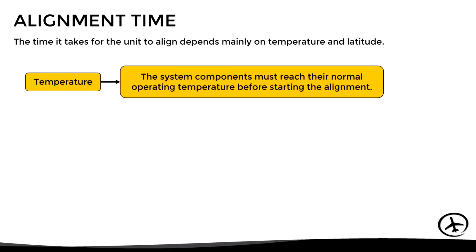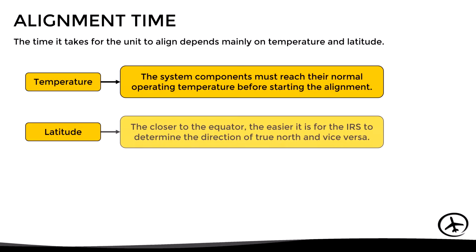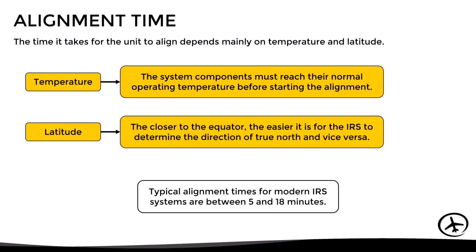On the other hand, latitude also affects the alignment time, since the closer to the equator, the easier it is for the IRS to detect the rotation of the Earth and therefore determine the direction of true north. This implies that if the aircraft is too far north or too far south, the alignment time will be longer. In general terms, typical alignment times for modern IRS systems are between 5 and 18 minutes, depending on the conditions we have just seen.